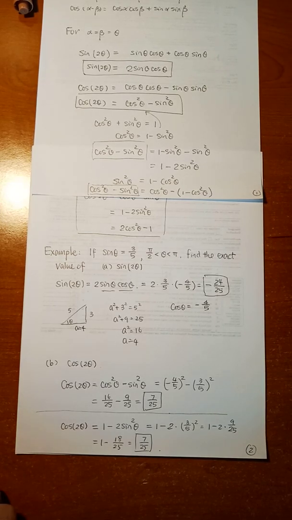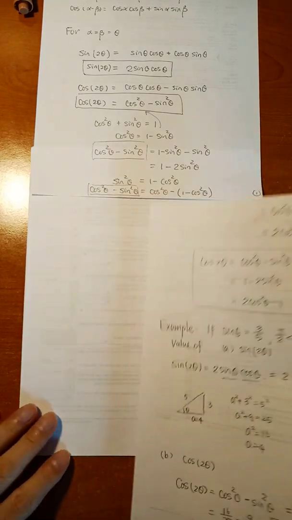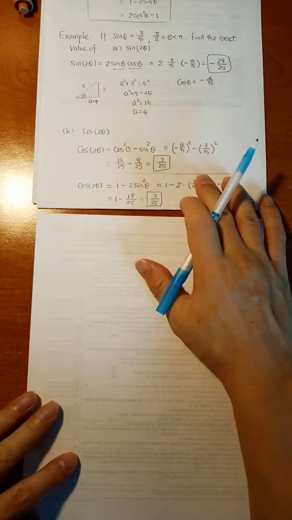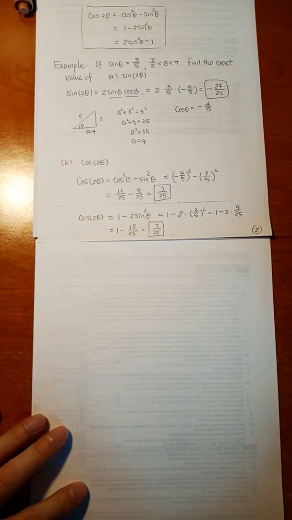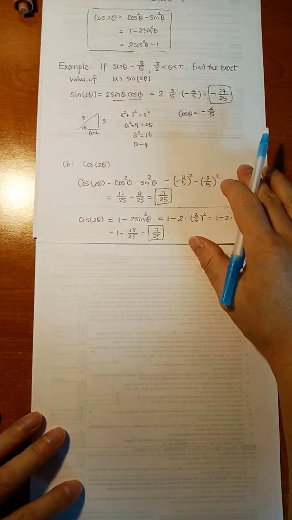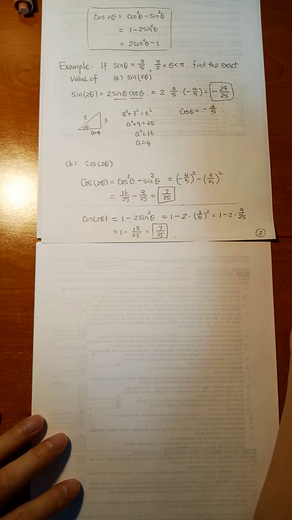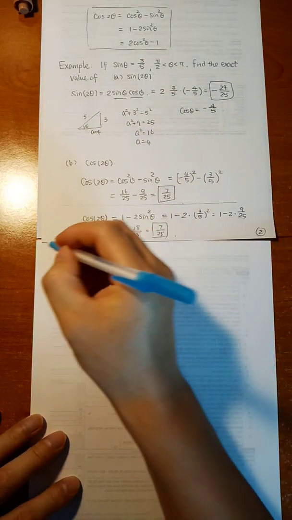The answer does not change. All right? Okay, so this is the double angle formula for sine and cosine. Especially for cosine, there are 3 expressions.